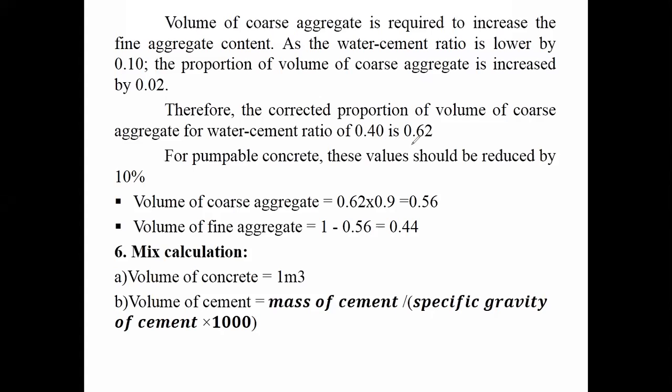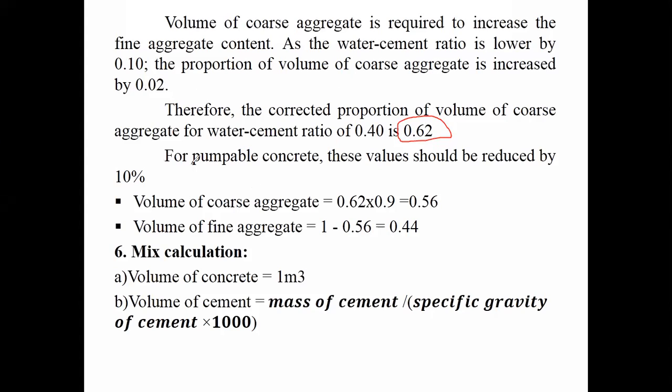Then you will get the volume of the coarse aggregate as 0.62 after making that correction. So for every 0.10 decrease, you will increase the volume of the coarse aggregate by 0.02. Here it is decreased by 0.10, so I add that 0.02 and get the value of 0.62.